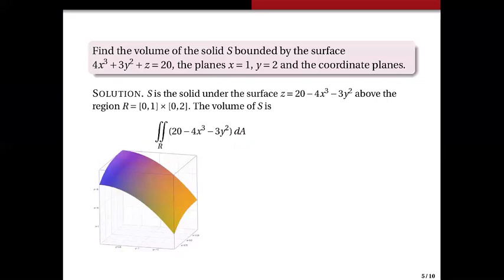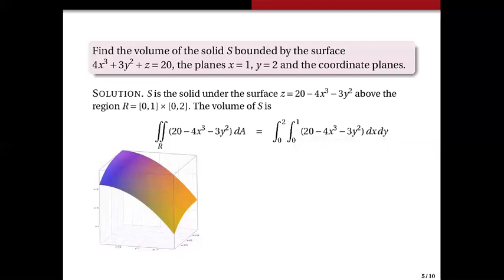We translate this into rectangular coordinates, which means in terms of dx and dy. You can write that as the integral from 0 to 2 of the integral from 0 to 1 of 20 minus 4x cubed minus 3y squared dx dy.